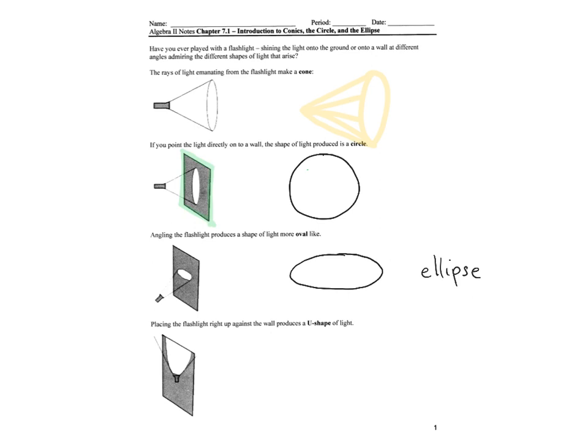And if you pointed them even more steeply along the wall, you would end up with a U-shaped curve, like this. Probably our favorite U-shaped curve is a parabola, but we might also get what we call a hyperbola.